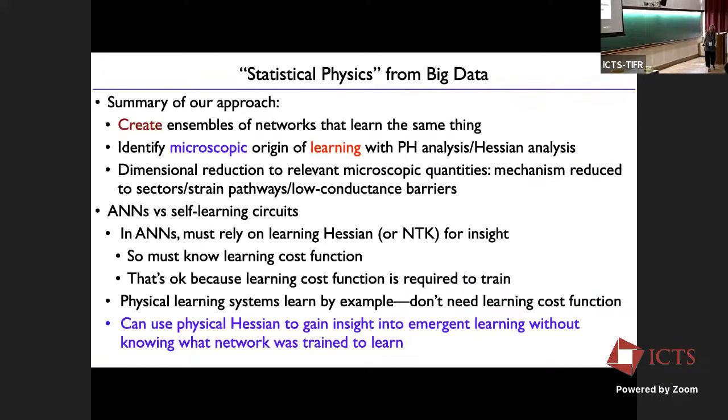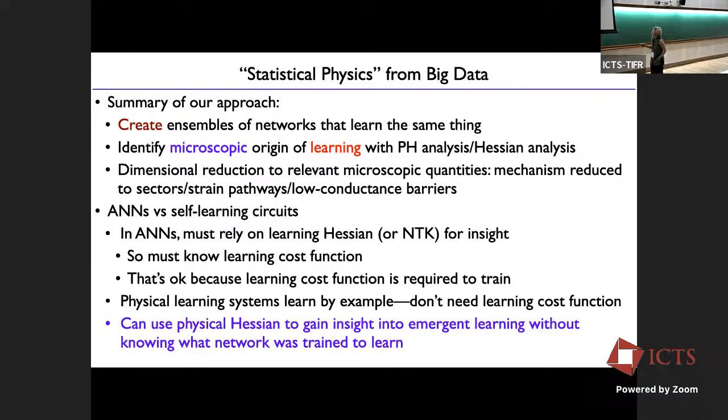That's really the main thing that, our whole idea is that what we need are ensembles of networks that have learned the same thing. Okay, but that is the crux. You need these ensembles. And once you have that, you can say, what do they have in common? You can look across thousands of examples, say, okay, what do they have in common?